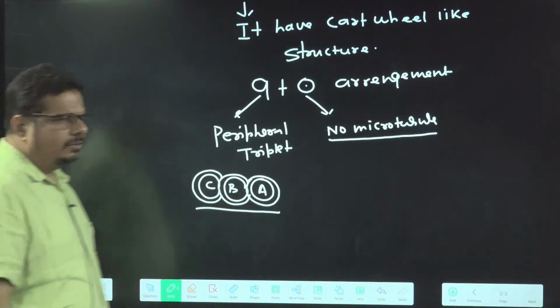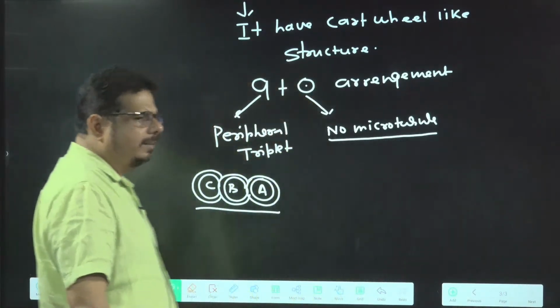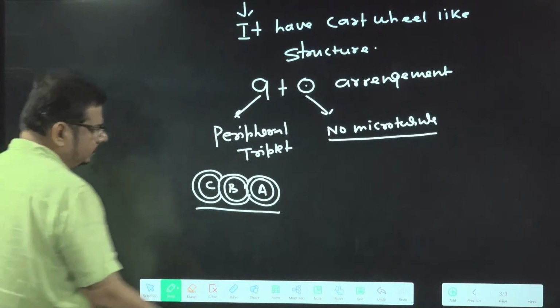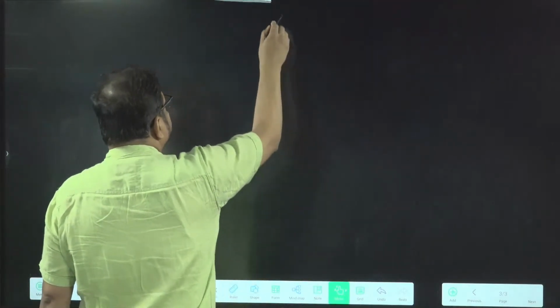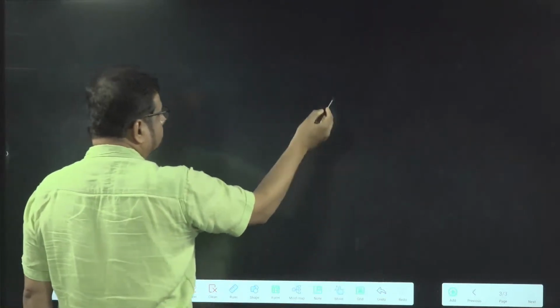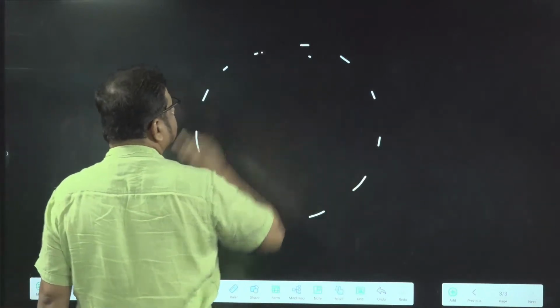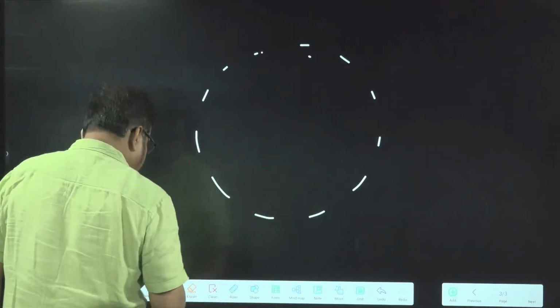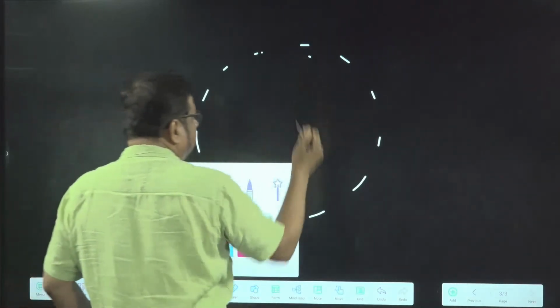Got the idea? So how the overall structure of a centriole appears, let me tell you. Have a look. Give your attention. See, I just drew an imaginary line here.